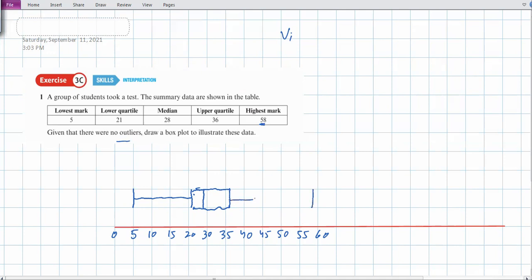From the middle, join them. That will become our box plot. This is the lowest value, Q1, Q2, Q3. You can see this spread is more than this one. And this is the highest value other than a quartile.